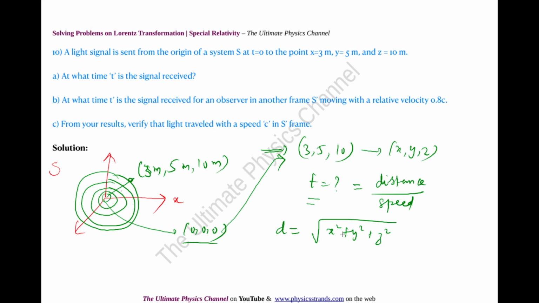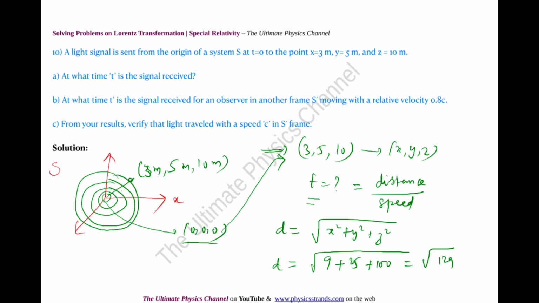Okay, it's special relativity, so we don't consider any space-time curvature here. So regular mathematics, so to say, is applicable. So here we say that t is equal to the square root of 3 squared is 9, 5 squared is 25, and 10 squared is 100. So square root of 129 is the distance light travels with the speed c.